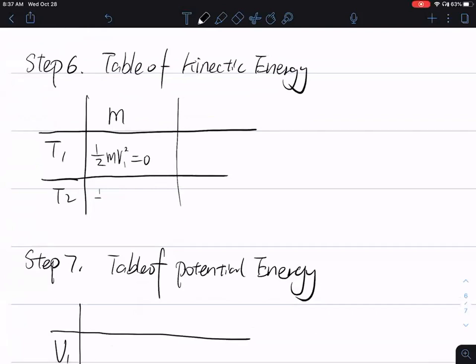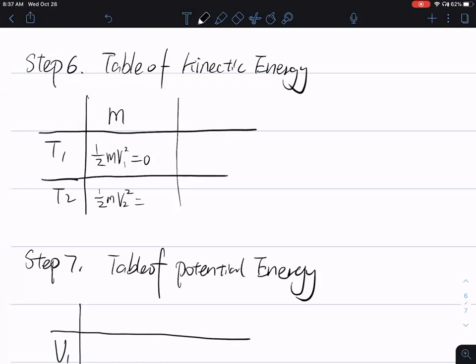How about the kinetic energy at position 2? 1/2 m v2 squared. What is the speed at position 2? Do we know that? What's the speed at position 2? When the block hits the spring and compresses the spring to its maximum. Can you guys see that? The velocity at position 2 is 0.